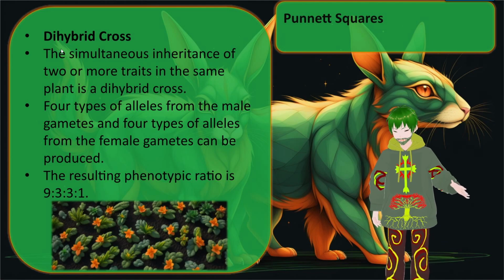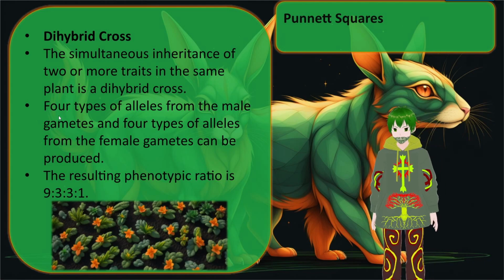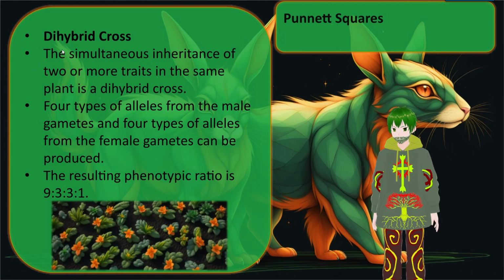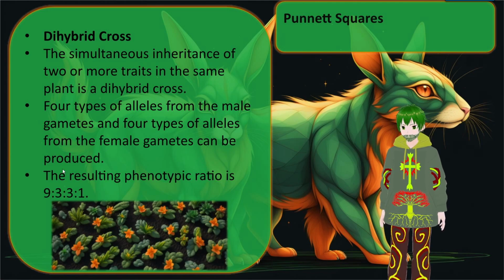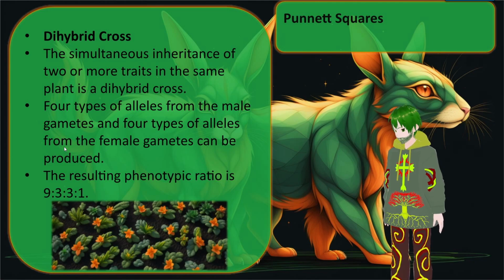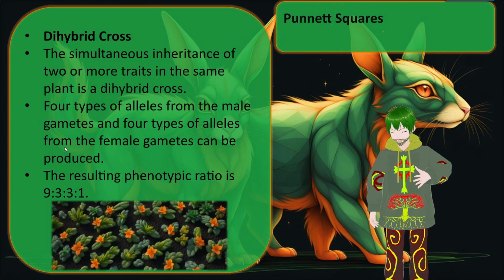Now, a dihybrid cross is a lot more complicated, and it involves two different traits. So, for example, crossing a green pea smooth seed plant with a yellow pea wrinkly seed plant.